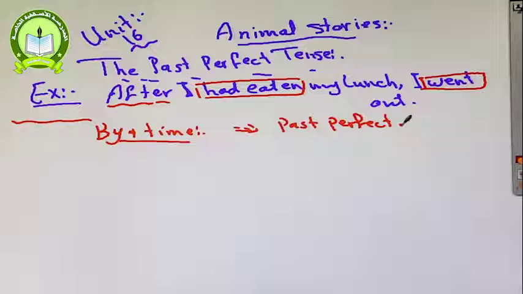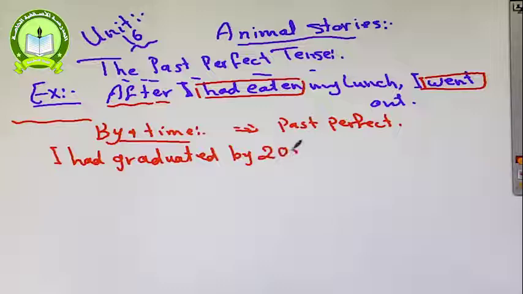For example, I had graduated by 2000. So I have by plus a time in the past, so you should use the past perfect. I had graduated by 2000. And it's easy for this sentence to make a question, either a yes/no question or a WH question.